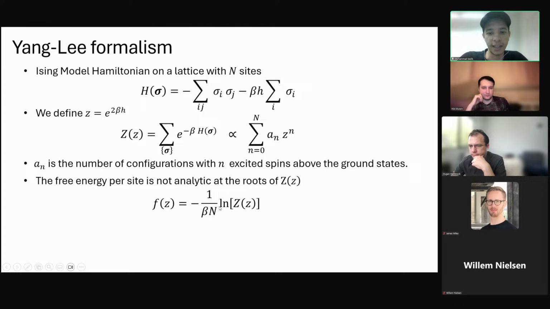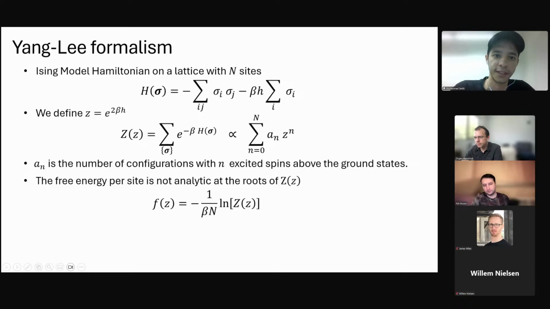Like f of z is proportional to log z. So if z is polynomial, it means that z is always finite, except at the infinities, and we don't care about the infinities. So if z is a finite value, then f is a finite value. So if z is analytic, f is analytic. And if f is analytic, no phase transition. Does this make sense?